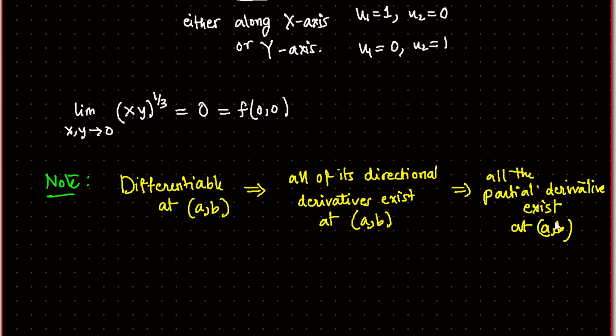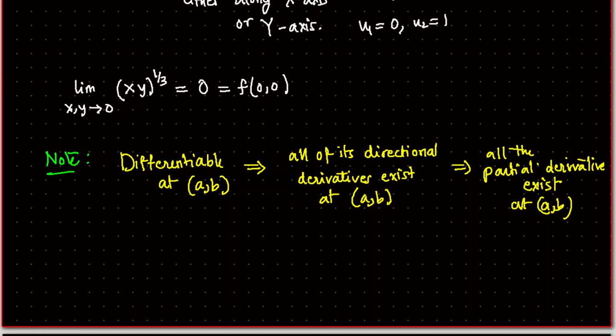So this is specific to a particular point. Since some of the directional derivatives do not exist at 0, 0, what can we say?